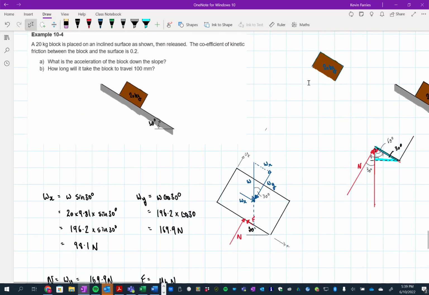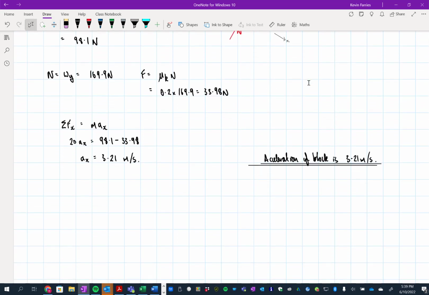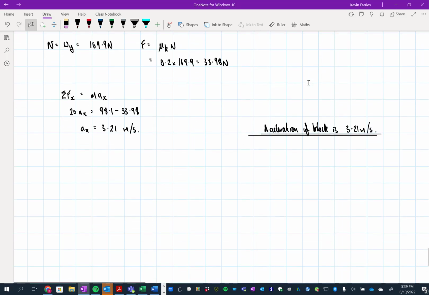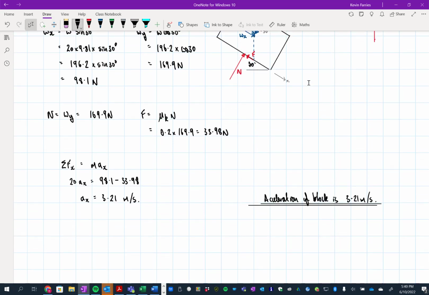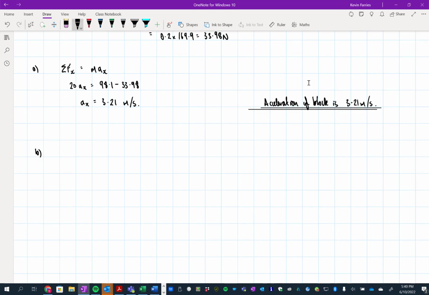How long will it take the block to travel 100 millimeters? So how long in time will it take? Again, we're starting from rest, so the equation is going to be quite simple. This was part A, and this is part B. Let's change it straight to x rather than using s.